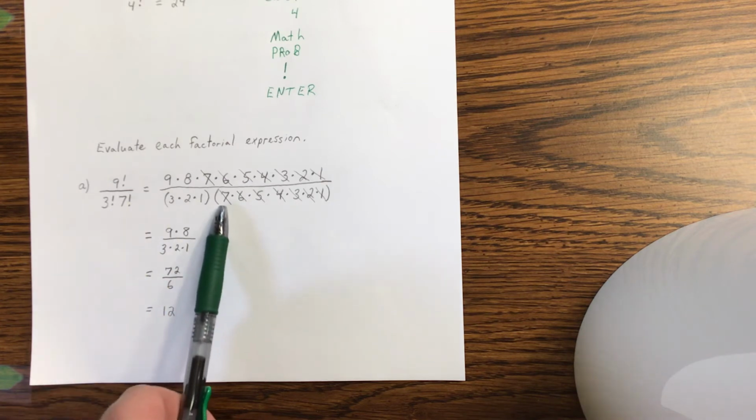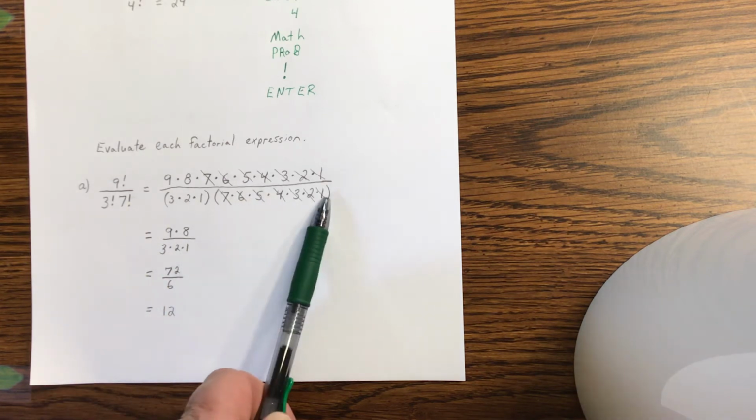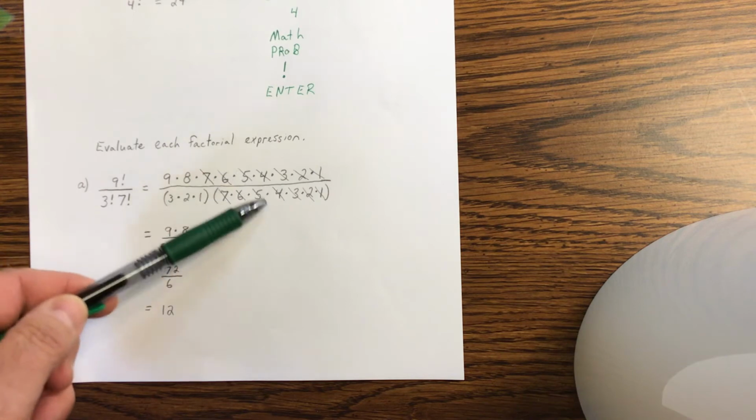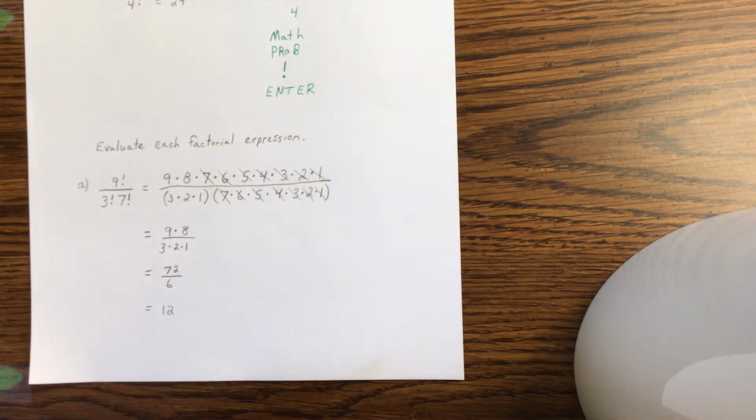And 7 factorial is 7 times 6 times 5 all the way down to 1. You can see that. Now again, since we're dealing with the division of fractions, we can cross-cancel like factors. And what we'll be left with is 9 times 8 all over 3 factorial. And if you do your math, you get 72 divided by 6, which gives you 12.